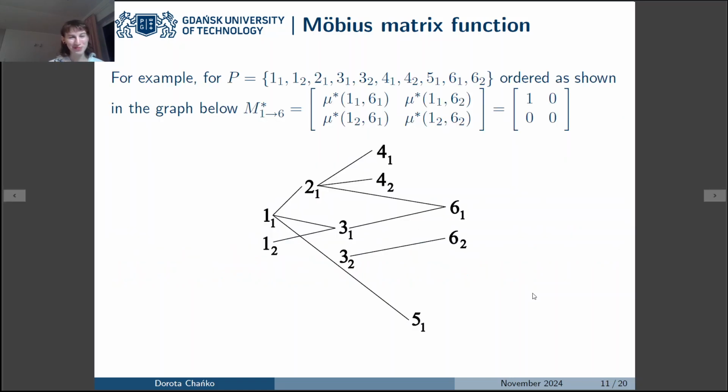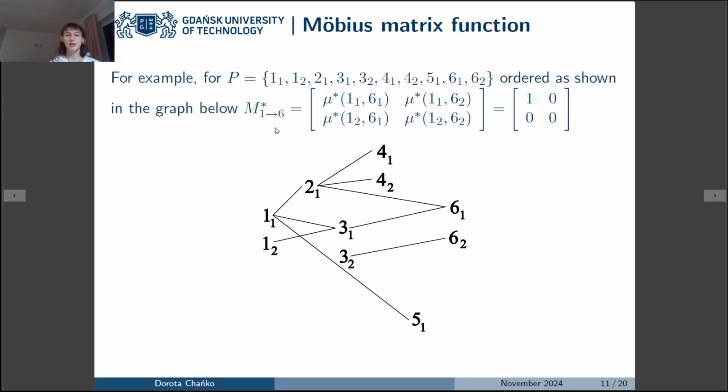So, for example, take a poset that is a set of 1, 1, 1, 2, 2, 1, and so on. We have 2 elements of weight 1, 1 element of weight 2, 2 elements of weight 3, 2 elements of weight 4, 1 element of weight 5, and 2 elements of weight 6. They are ordered as shown in the graph. For example, 1, 1 is less than 3, 1, which is less than 6, 1.